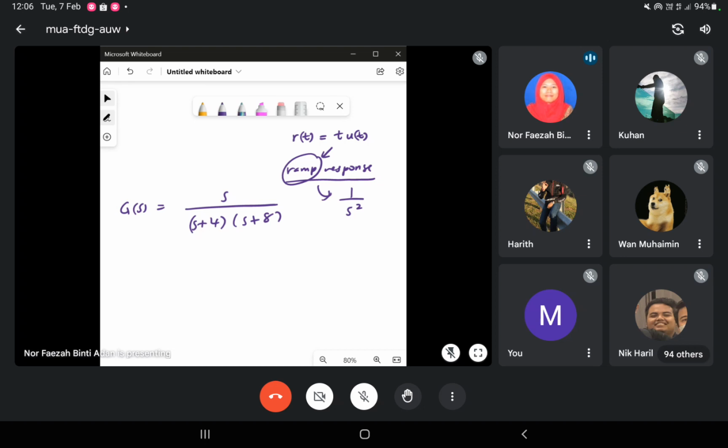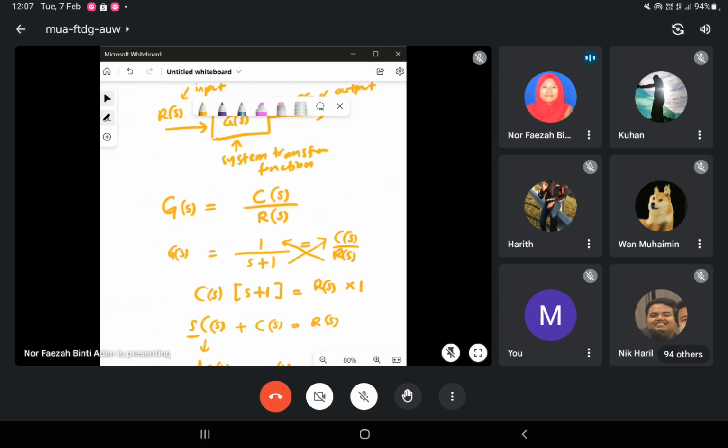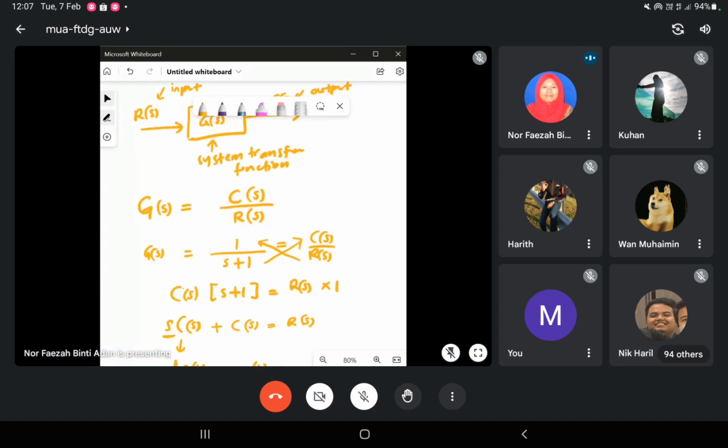So you know that your input is 1/S squared and you know that your transfer function, system transfer function adalah S/S tambah 4, S tambah 8. So macam contoh sebelah sini tadi, GS equals to CS/RS. So you nak cari CS. So you mesti multiply RS and GS.